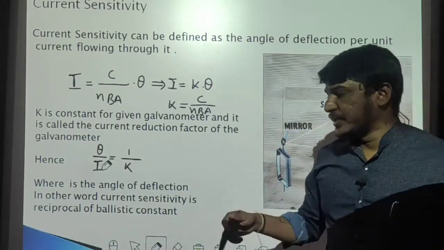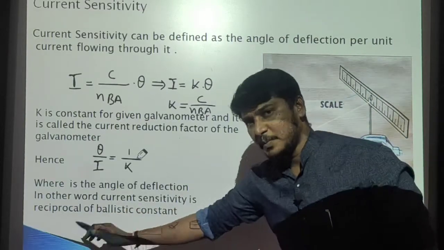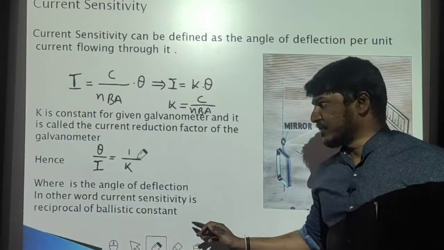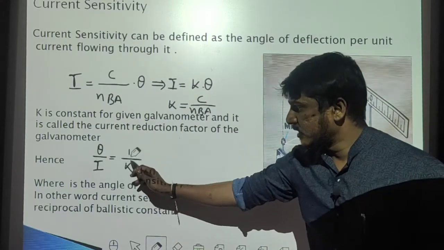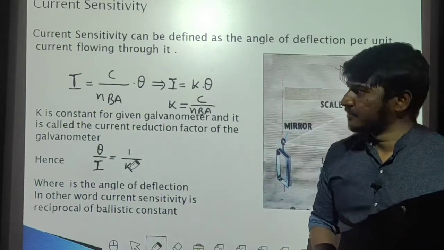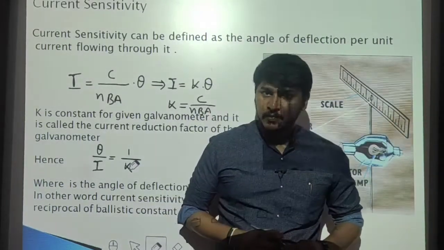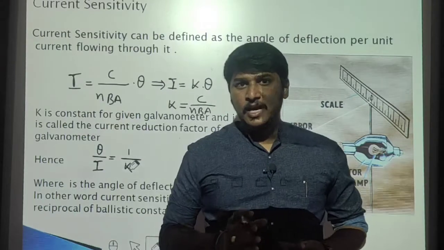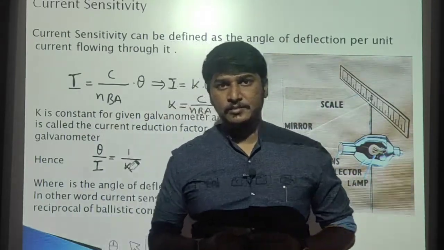In other words, current sensitivity is the reciprocal of the ballistic constant, that is 1/K. What is current sensitivity? It is simple: it is the amount of deflection produced per unit current.